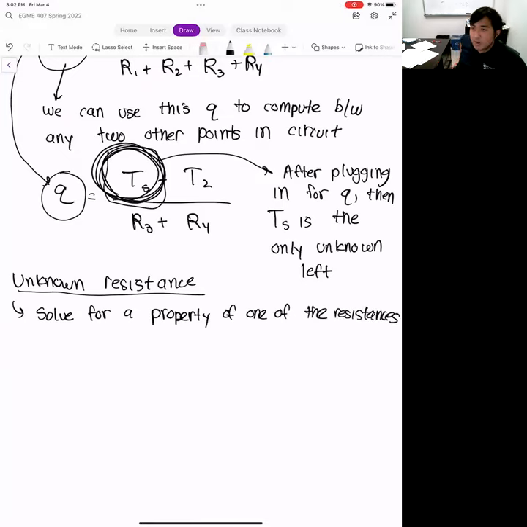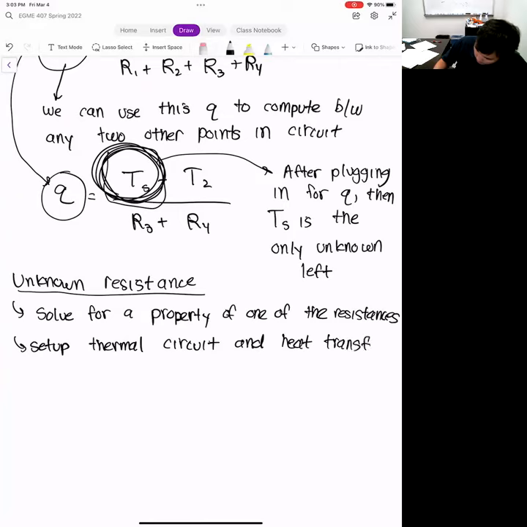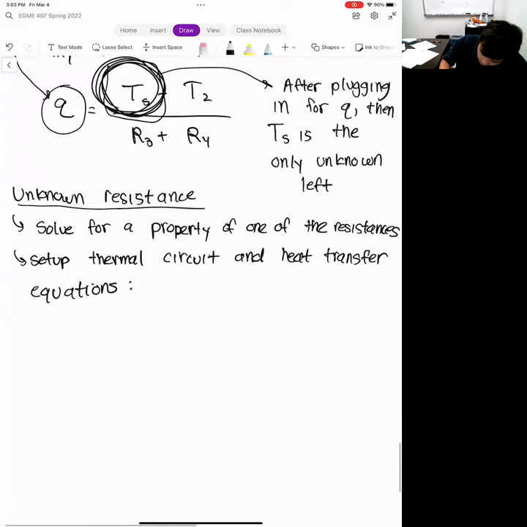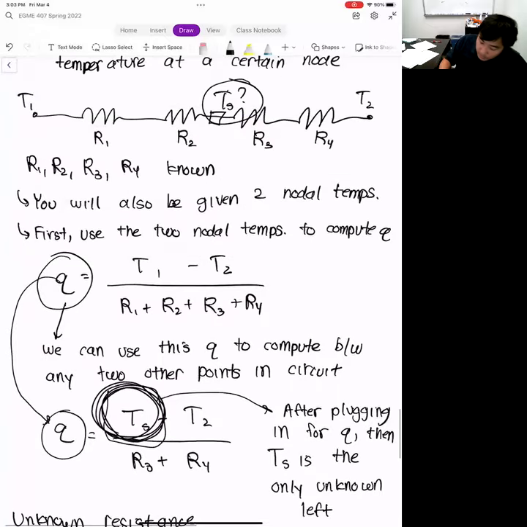I believe homework 1 had a problem like this, where we had the commercial oven design. And so in these types of problems, you're going to set up your thermal circuit. Let's use the same circuit as up there.